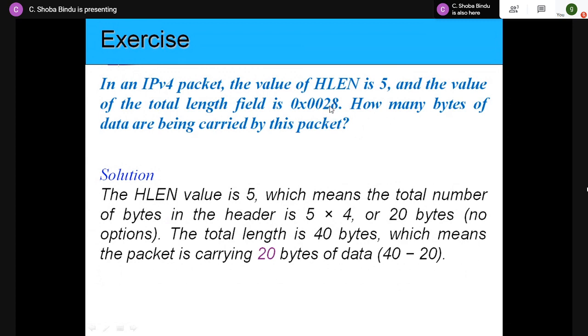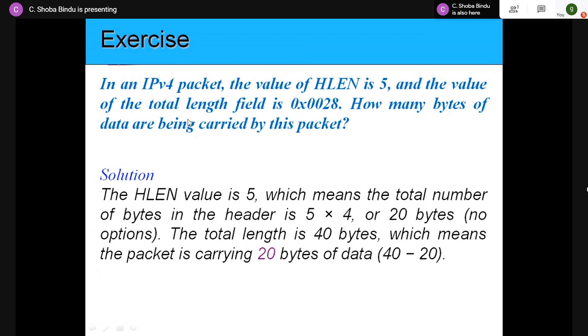Converting this hexadecimal into decimal: 16 to the power of 0 into 8 plus 16 to the power of 1 into 2. So that comes to 8 plus 32, which is 40 bytes. That is the total length of the packet.